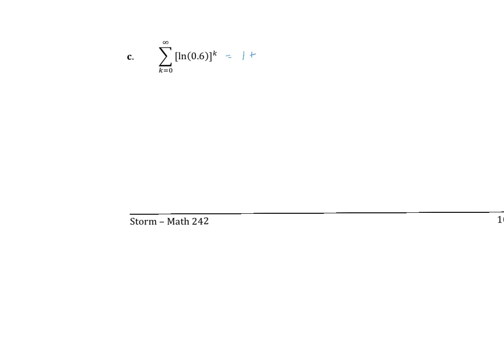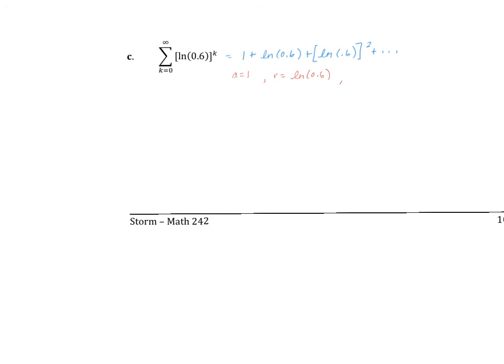Plus, when k is equal to 1, this becomes natural log of 0.6, plus natural log of 0.6, but this whole quantity is squared, and so on. So a is equal to 1. r is equal to natural log of 0.6. That's what we're multiplying each term by to get to the next one.